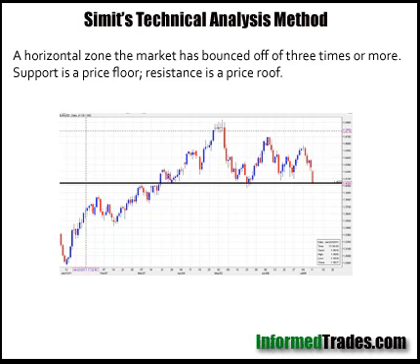If the market touches it, bounces off and goes up, then it's a support level, a price floor. If the market goes up against it and bounces down, then it's a resistance level, a price ceiling, a price roof. So identifying these levels can tell us where the market may be reversing, and that gives us a low risk opportunity to place a trade.